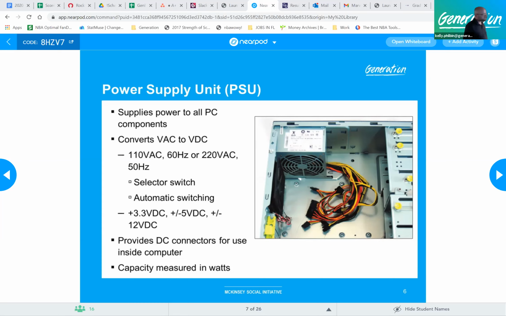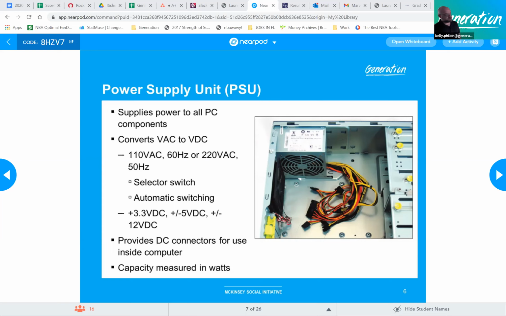The volts that will come out of the unit typically come in 3 basic flavors. You have 3.3, 5, and 12. And a lot of times that depends on the age of the unit and the type of device or component you're trying to power within the actual unit itself.